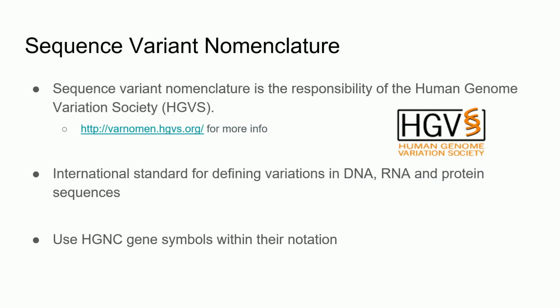When things go wrong in the DNA, RNA, or protein sequence, we use nomenclature rules established by the Human Genome Variation Society, or HGVS. These are a set of international standards that can be recognized no matter where a report is read. I encourage you to use their website to help you find or interpret annotation rules you may come across.